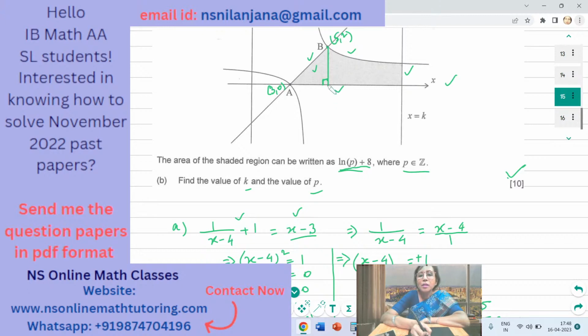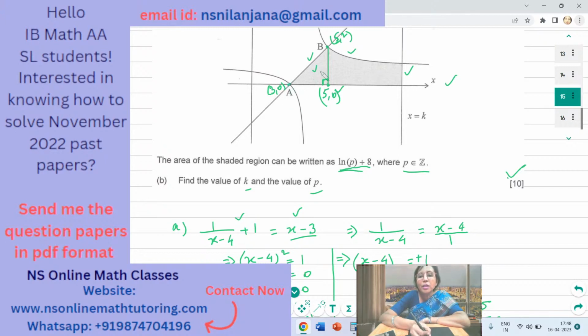So now this is the foot of the perpendicular. So it has to have these coordinates. Because it is on the x-axis, the y coordinate has to be 0. And since it is a perpendicular, over here it is x equal to 5. Over here also it should be x equal to 5. So the coordinates of this point will be 5, 0.